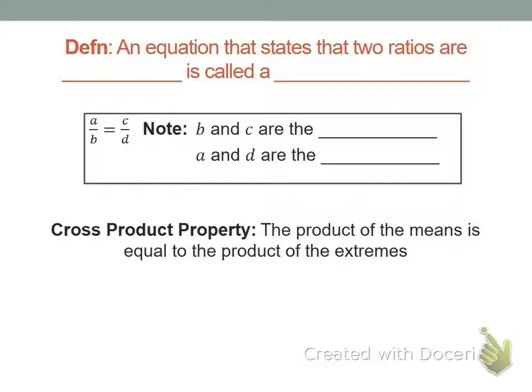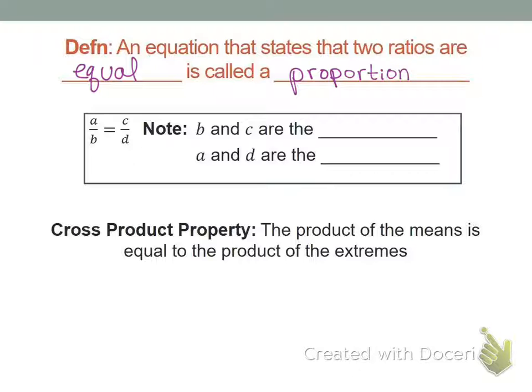An equation that states that 2 ratios are equal is called a proportion. This should not be brand new information to you. We've been solving proportions in the warm-ups. What could be new to you would be the terminology we use to describe the pieces of a proportion. So A over B equal to C over D is a generic proportion.